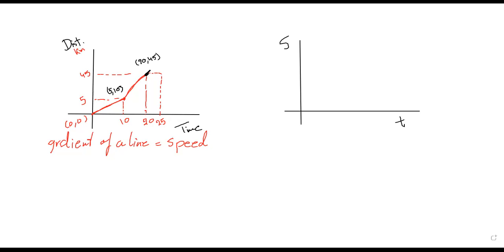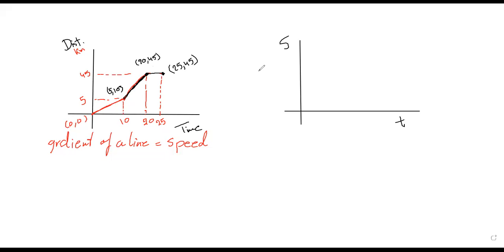In this way we can also calculate the speed of this guy in the second part of the journey. And we can see that there is no speed between 25 and 45. In this part of the journey, he was stopping somewhere to drink something. Time is passing, distance is fixed at 45. It means that he's not doing anything.